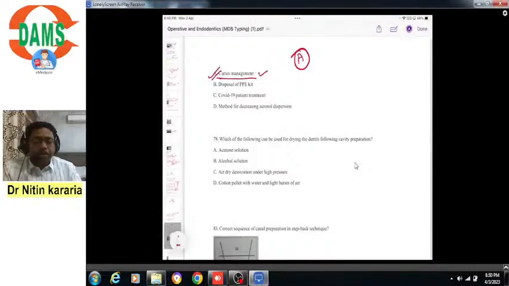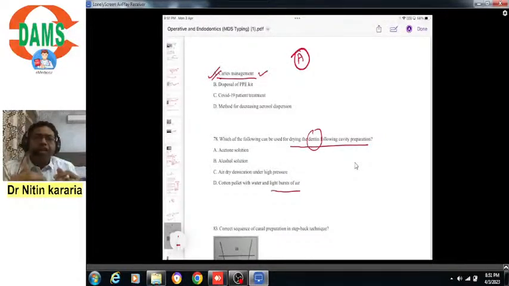Which of the following can be used for drying the dentine following cavity preparation? Acetone solution, alcohol solution, air dry desiccation under high pressure, or cotton pallet with water and light bursts of air. It is asking you about dentine.